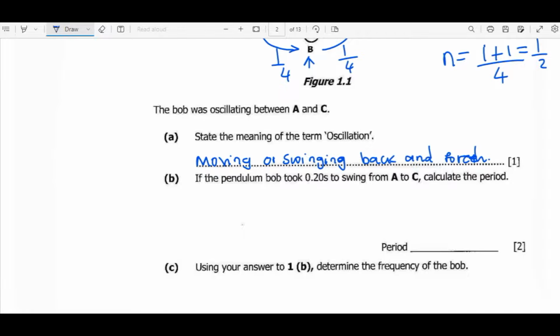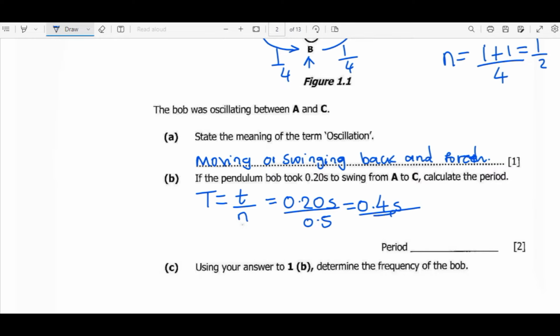Now the formula for period, whose symbol is capital T, is given by small t, the time taken, divided by the number of oscillations. So time is 0.20 seconds, divided by the number of oscillations, 0.5. 0.20 divided by 0.5, I'm getting 0.4 seconds.